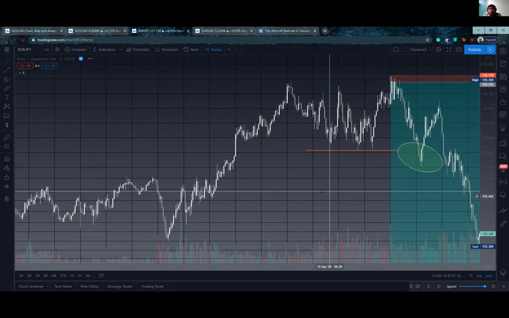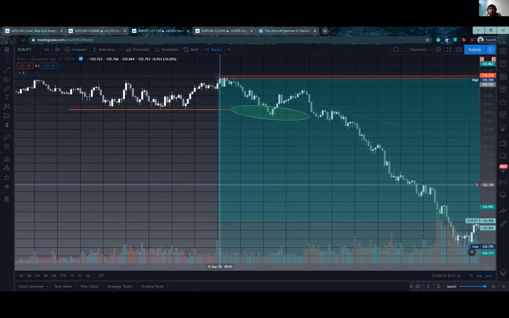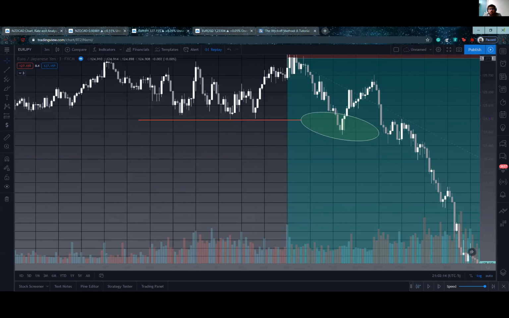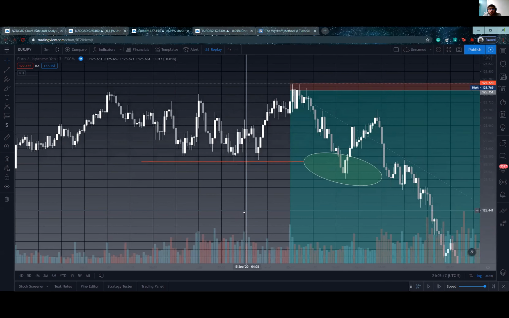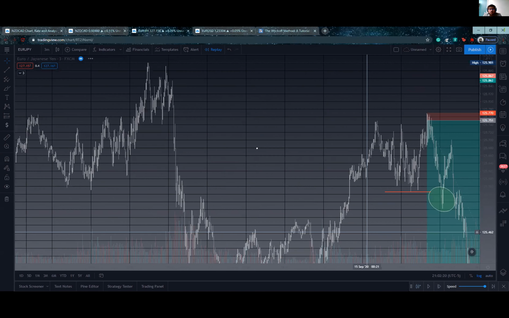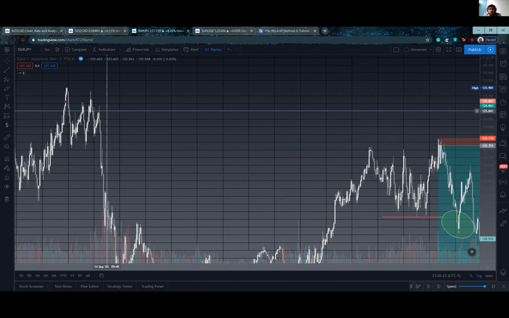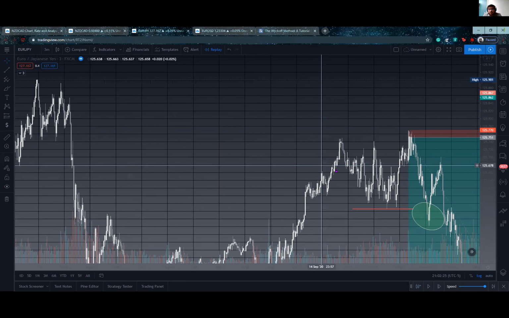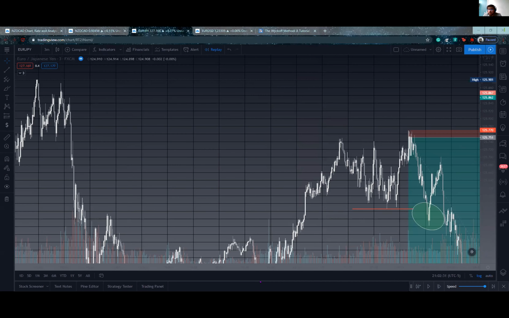So what does this look like to you guys? These are different lower time frame variations of Wyckoff schematics, and they look like distribution.